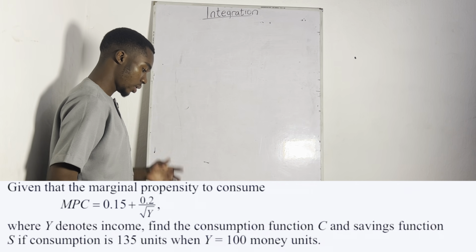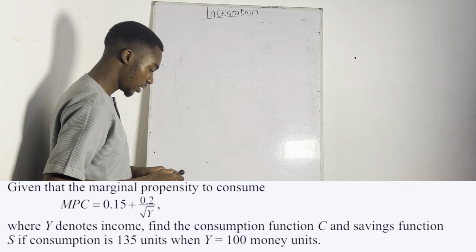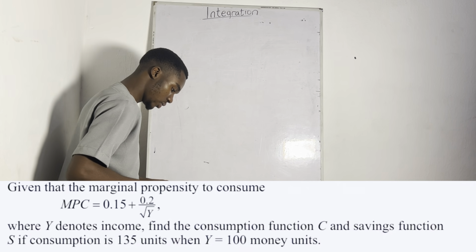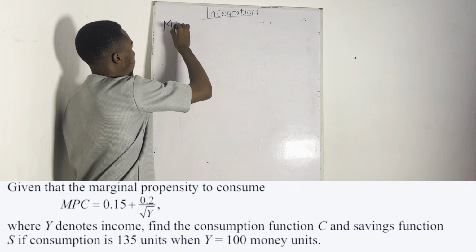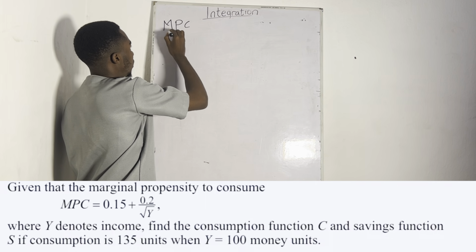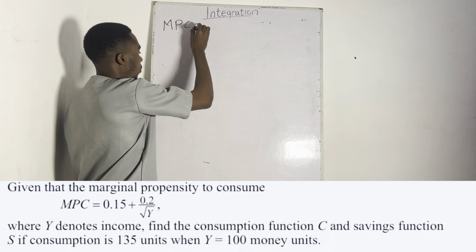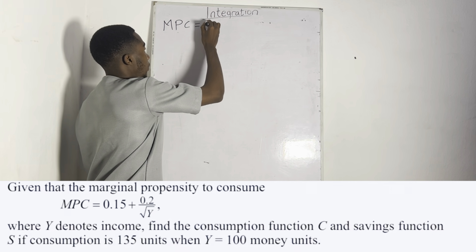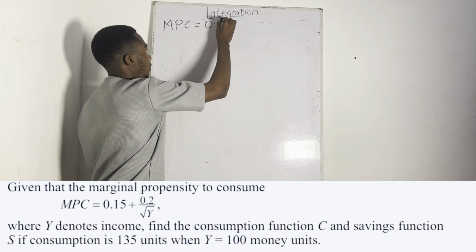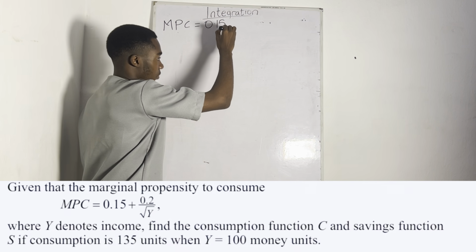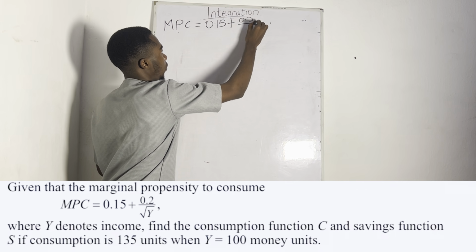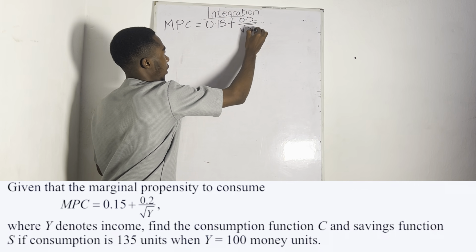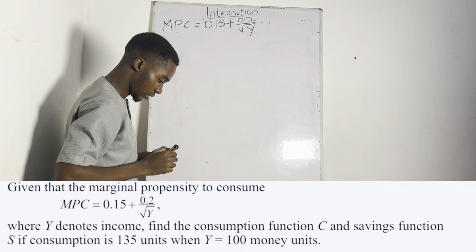So let me write what's on the board. So it says, given that the marginal propensity to consume, MPC stands for marginal propensity to consume, is equal to 0.15 plus 0.2 over root y. So this is what they said.